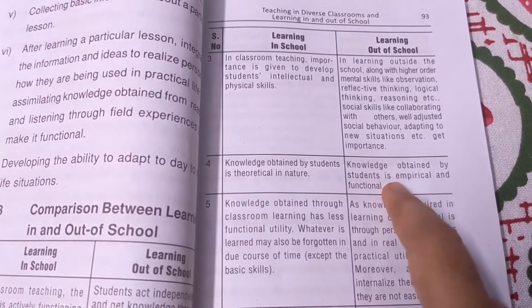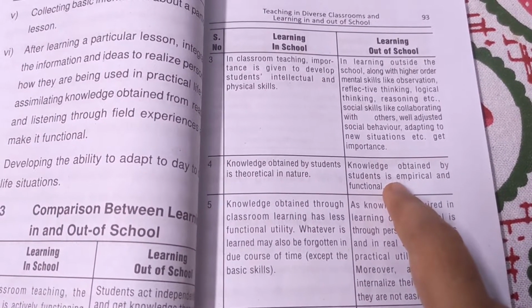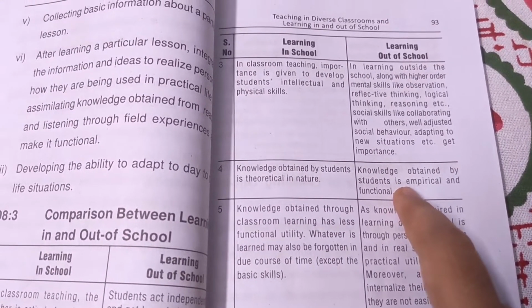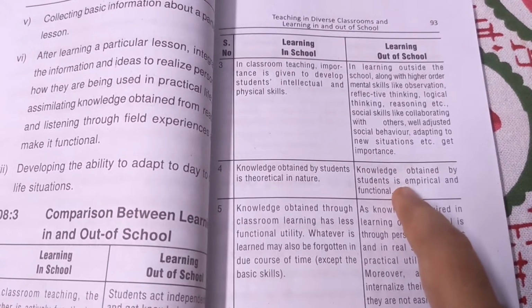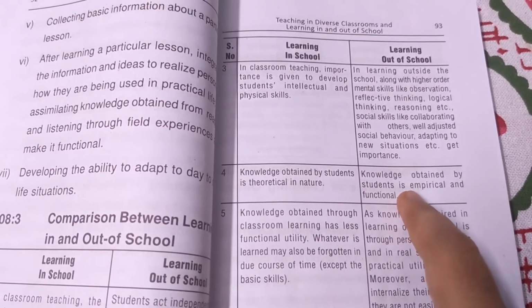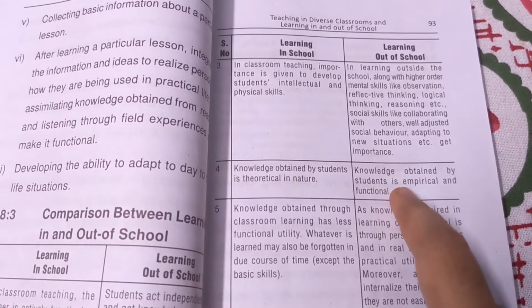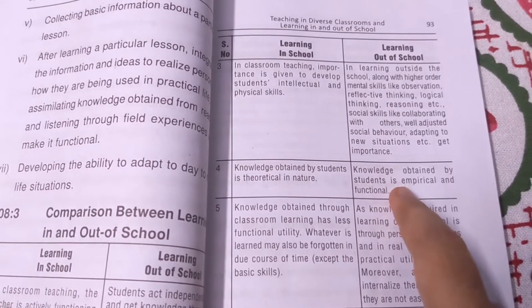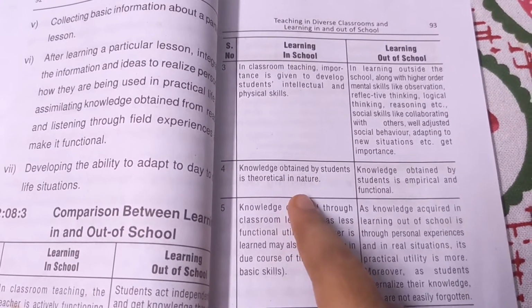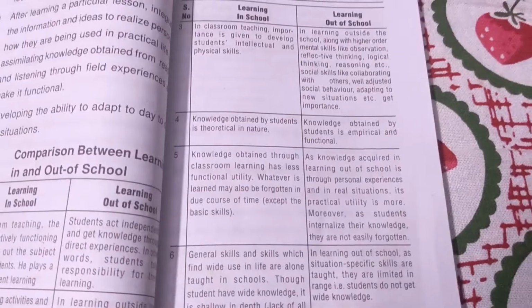So if you are seeing on the road someone doing something, by seeing that you are learning. Practically you're seeing that. You're not reading some theory and you're not knowing something. You're seeing someone really doing and then you're believing and even you are trying. So this is practically doing and learning in school is theoretical in nature.